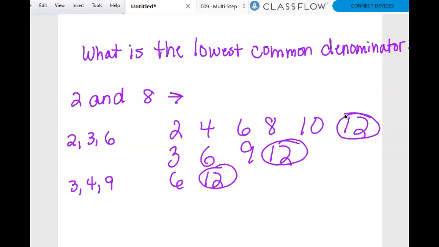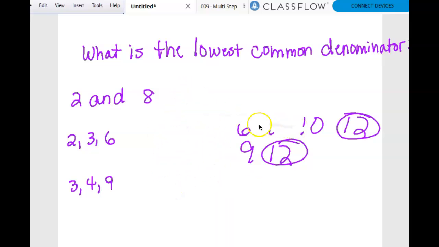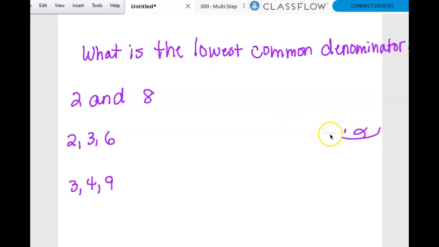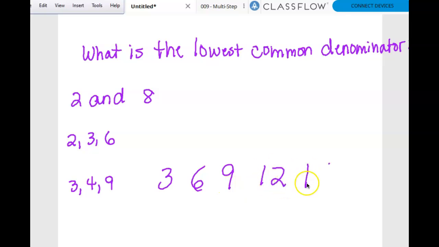Correct. Okay, makes sense. Okay, what about 3, 4, and 9? Can you divide 18 by 4? No, you can't, right? So I'm going to have 3, 6, 9, 12, 15, 18.